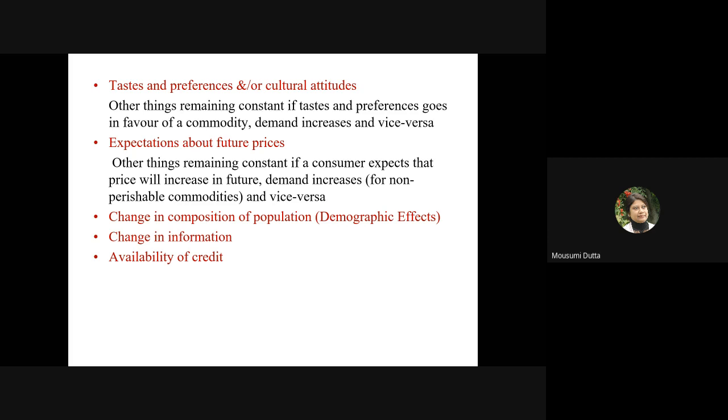Another thing is advertisement expenditure. Information comes through advertisement, so depending on the nature of the advertisement, the level of information will vary, and accordingly the demand pattern may change.